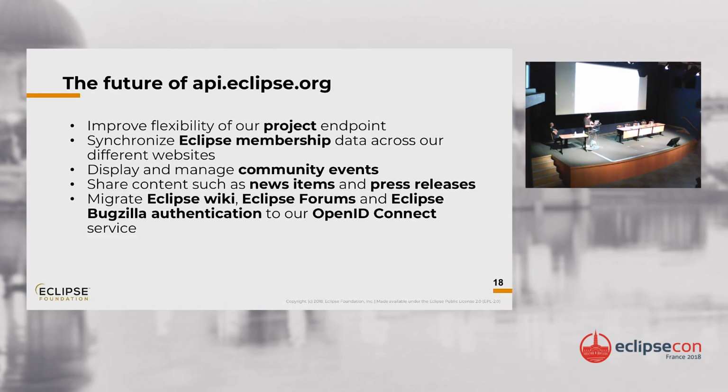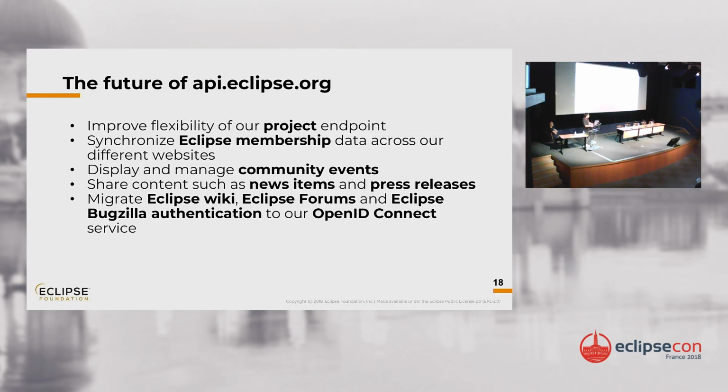We are planning to share more information about our events, like EclipseCon France, in a standardized way: information about the sessions, the schedule, and the ability to submit feedback on the mobile app, which would be super nice. One of our problems in the web dev team is that we're very small and we have a lot of working group sites, project sites, and different websites to maintain.